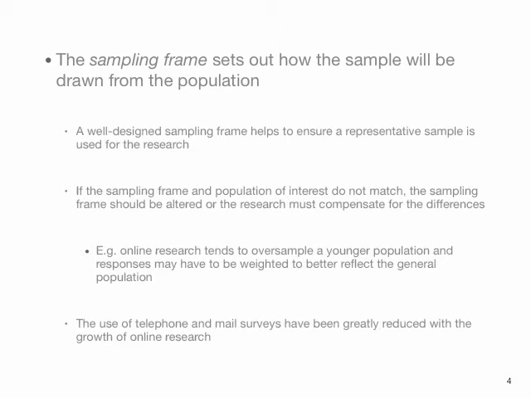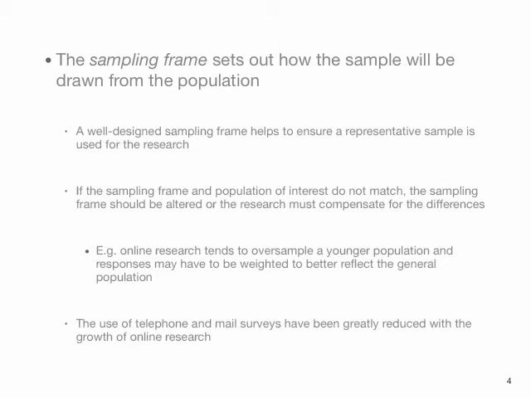As an example of that, online research, now this has changed somewhat lately, but typically online research tends to target more of a younger population, more tech savvy, generally higher income, things like that. So if that's your population, then great.